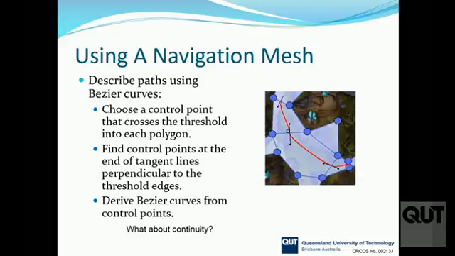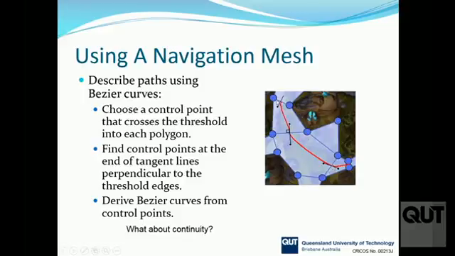So one thing that can be done here is that we can use Bezier curves in order to smooth out the pathway. And so these Bezier curves can be defined along each of the junctions between the polygons.